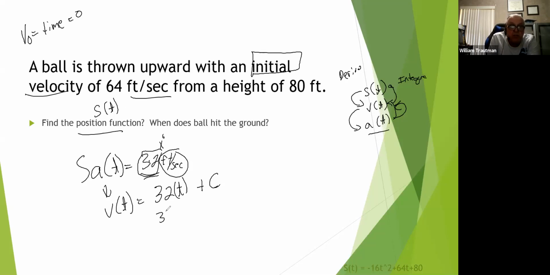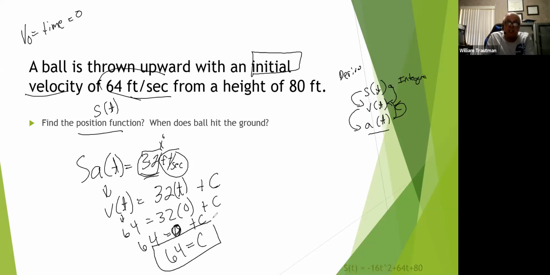When time is 0, our velocity is 64. So 64 equals 32 times 0, which is 0, plus c. So guess what c equals?